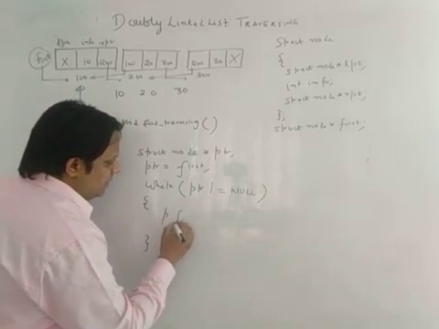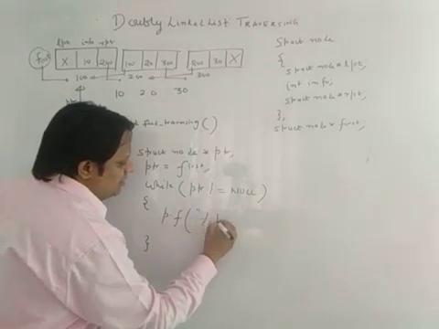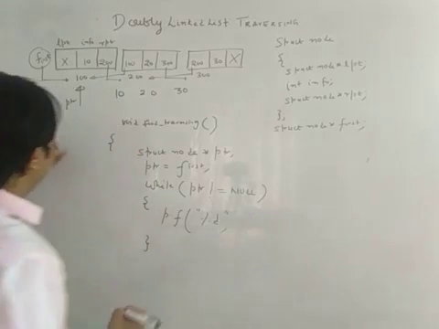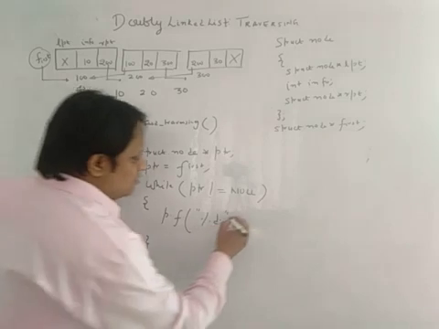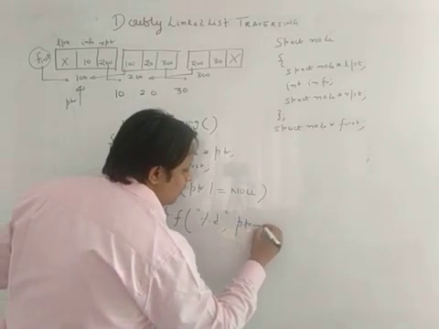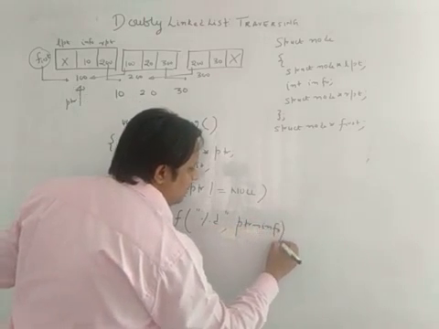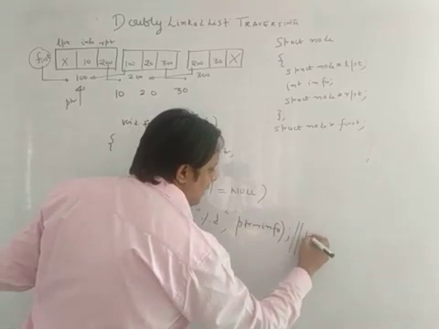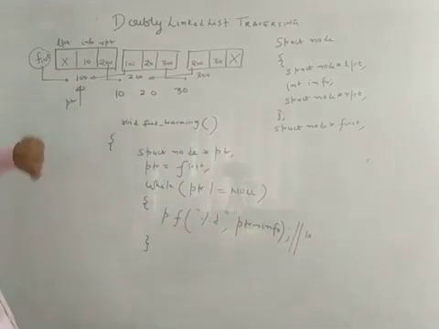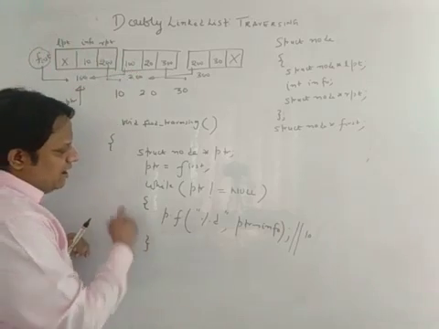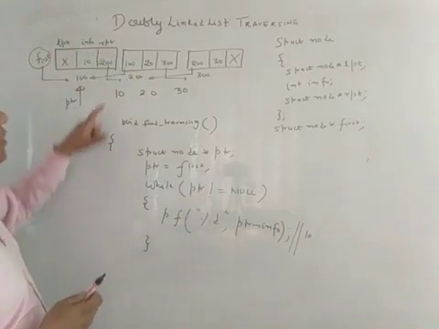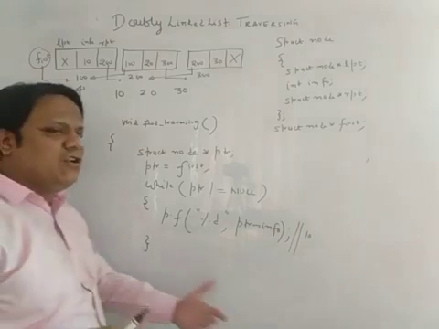I will write printf percentage d comma. Since my ptr is pointing at 100, the info at 100 is 10. So I will write ptr arrow info, and my value of info is 10. After printing 10, I want my ptr to point to 200 this time, because when I run the loop again, my pointer should point to 200, just like a normal for loop.